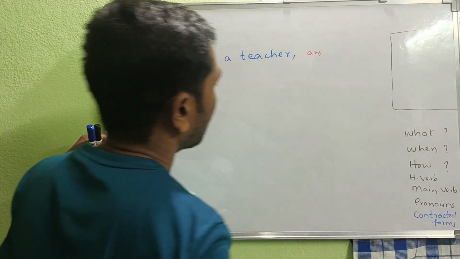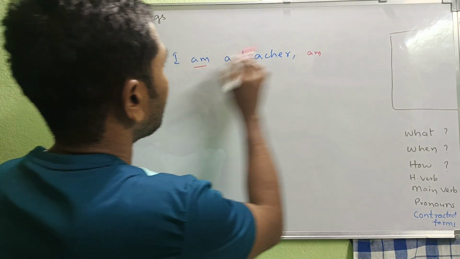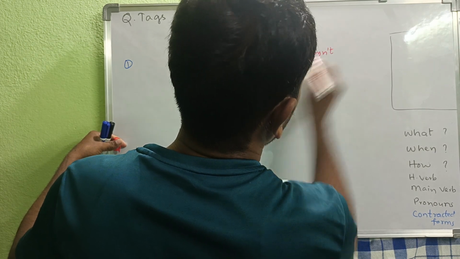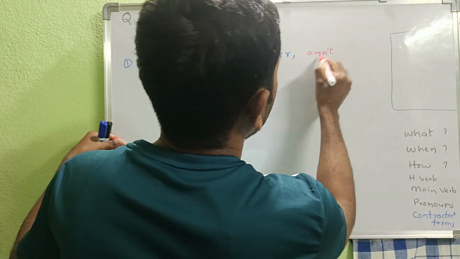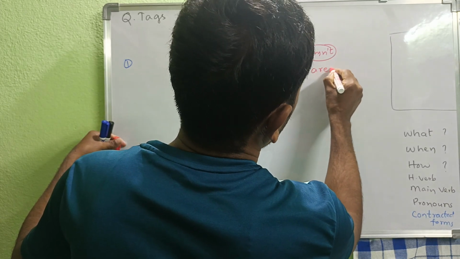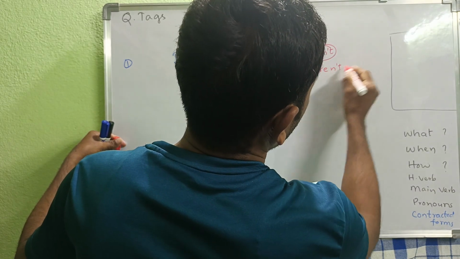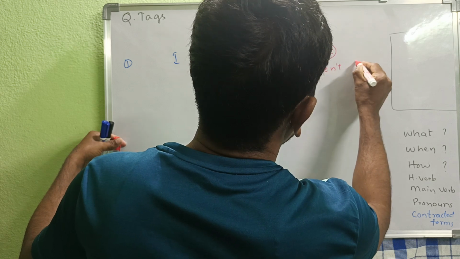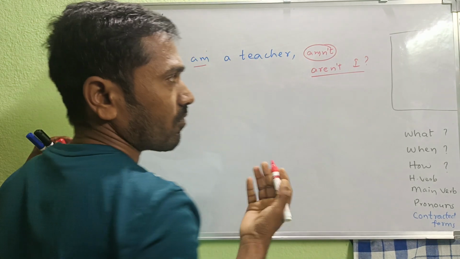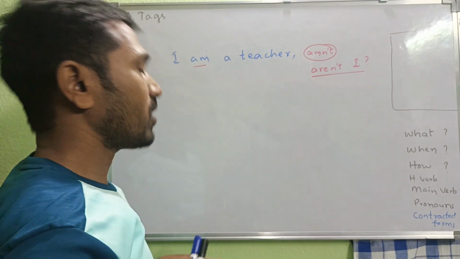Am is taken. Next, the statement is positive. Then next, am plus n't: since there is no such word, there is no pronunciation for this, so you have to take 'aren't I', and the pronoun I is always a capital letter. Wherever it falls, it is always a capital letter.